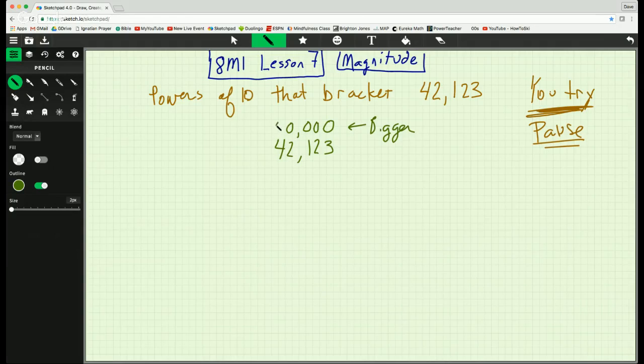So we need to put a 0 here and add a 1. Now this number is definitely bigger because it has a number in the 100,000s place, and this one doesn't. And the number that's just smaller is going to be 10,000.